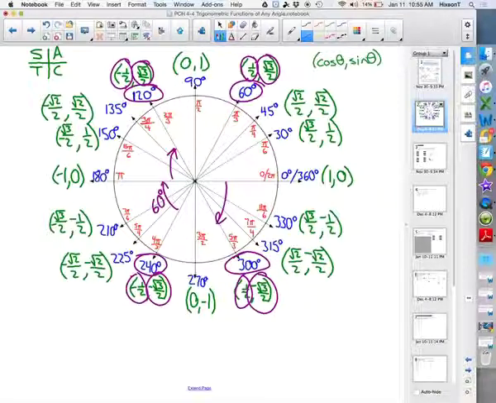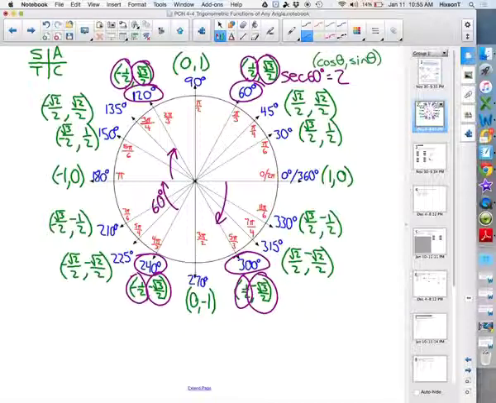By the way, I know that the reciprocal of cosine, which is what trig function? Secant. I know the secant of 60 degrees is 2. So what's the secant of 120 degrees? Negative 2.